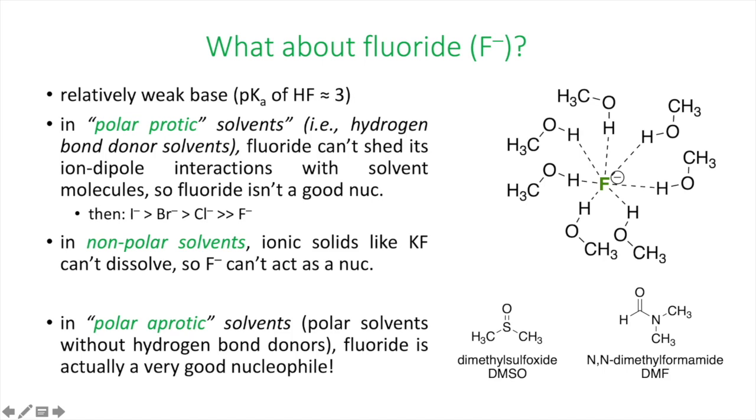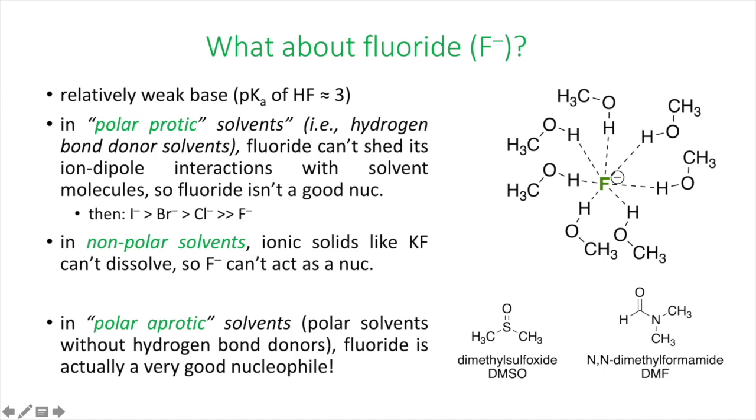All right, so usually in these solvents, fluoride is a terrible nucleophile, and actually iodide and bromide are much, much better nucleophiles because they don't form such strong hydrogen-bond-like intermolecular forces. And so the bigger atoms are the better nucleophiles.